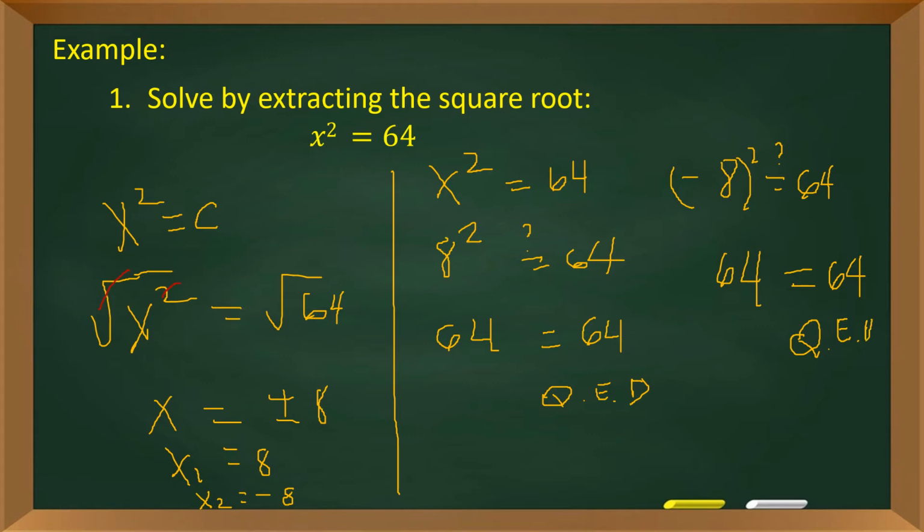So we have proven that our solutions are really 8 and negative 8. Therefore, we are safe to say now that our solutions are 8 and negative 8.